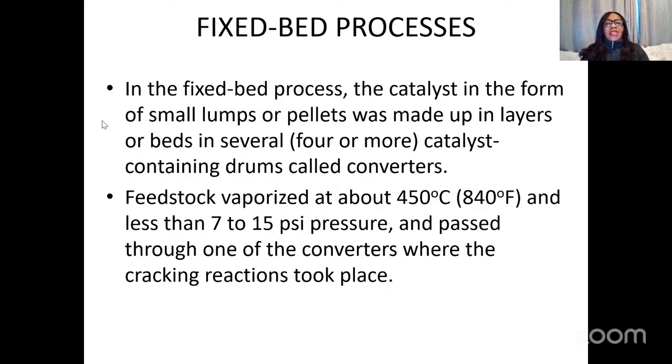So in the fixed bed process, the catalyst in the form of small lumps or pellets is placed in layers on beds in several catalyst-containing drums called converters.